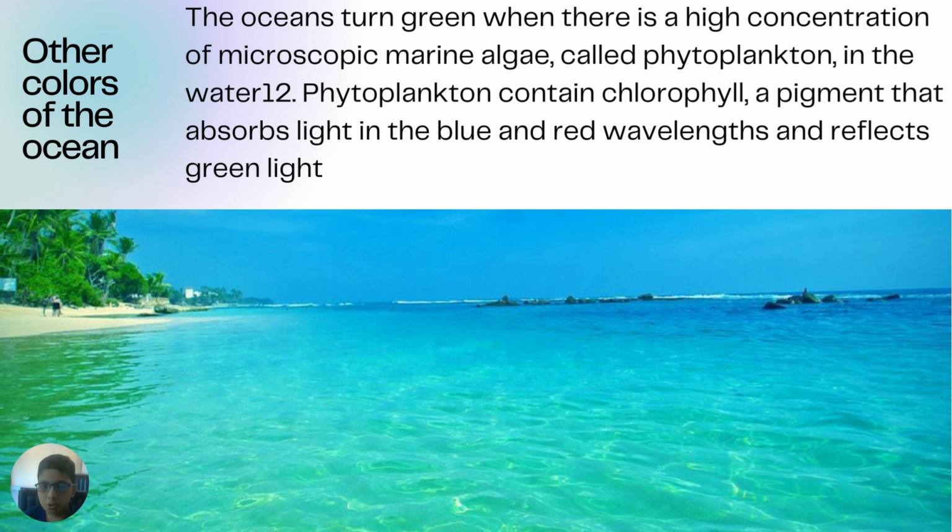Likewise, use a red torch and put a leaf on it. The leaf will again turn dark. Then at last, use a green light and put the leaf on it, and you will find that the leaf has totally gone green. Why is that so? Because of the pigment present in the leaves known as chlorophyll.